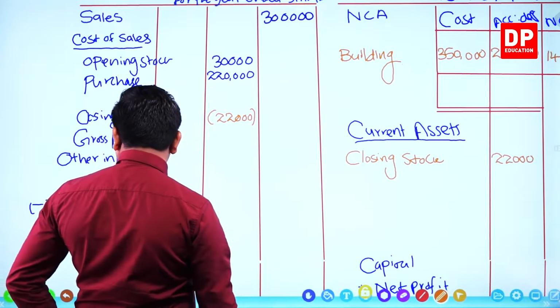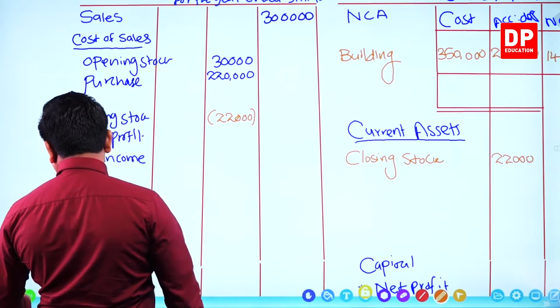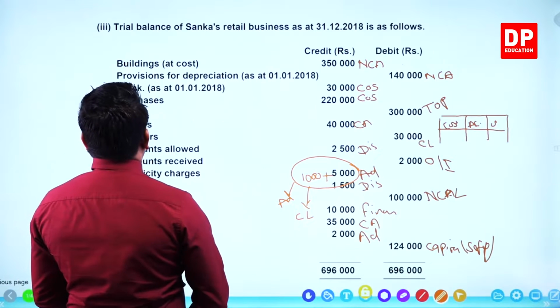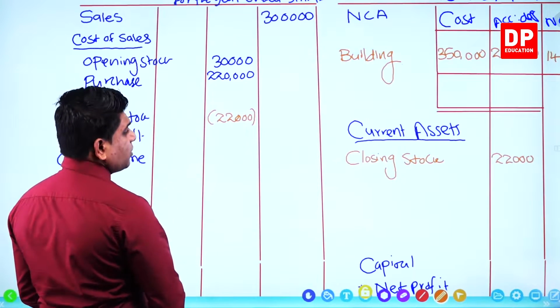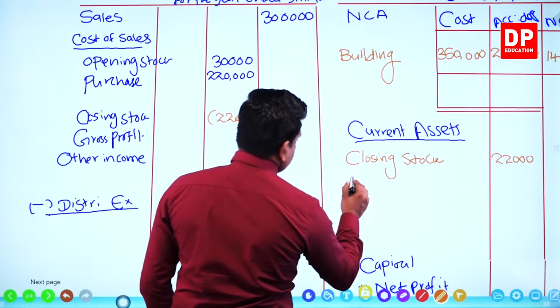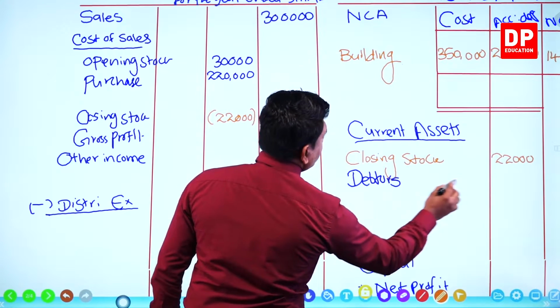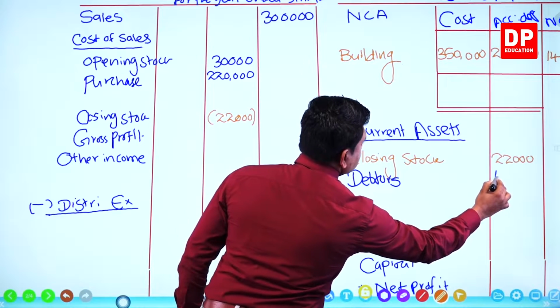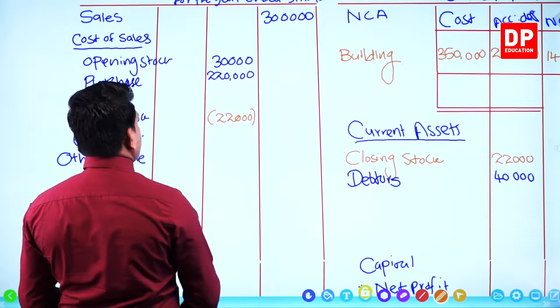Creditors or debtors? See it again. I think debtors, yeah, debtors 40,000, right? Debtors 40,000. It comes under the current assets, debtors 40,000. Now you move to the next.